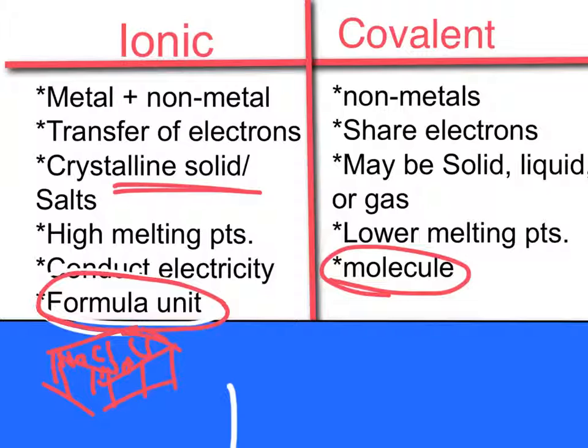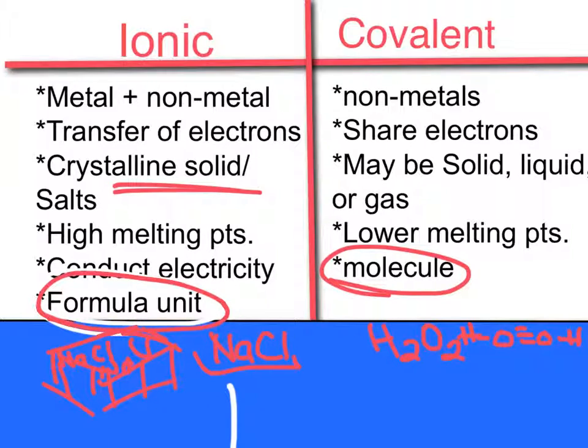We write sodium chloride as NaCl because that's the lowest ratio. In a covalent compound, like peroxide for example, peroxide has the formula H2O2. We don't reduce that to HO because in reality, peroxide literally has 2 oxygens bonded with 2 hydrogens.